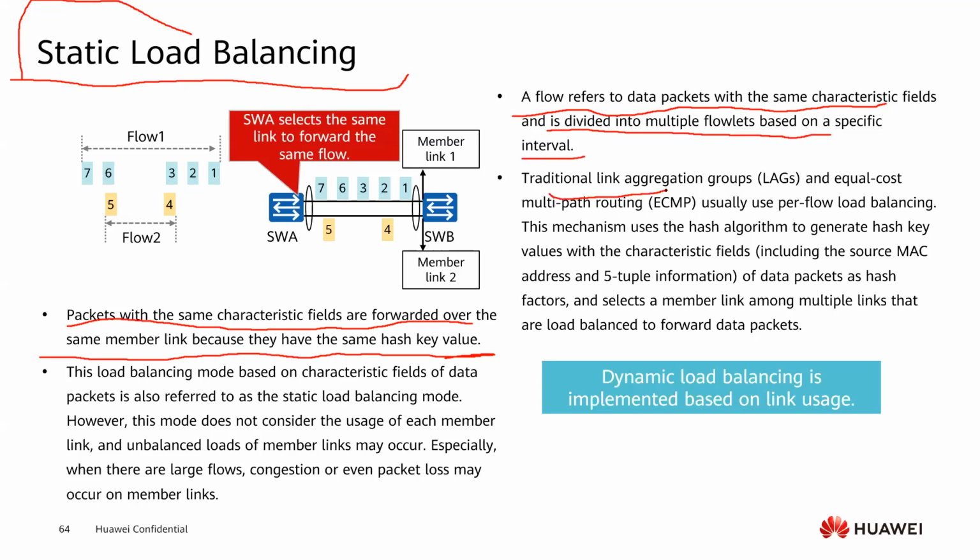Traditional LAG and equal cost ECMP usually use per flow load balancing. This mechanism uses the hash algorithm to generate hash key values with the character fields of data packets as hash factors and select a member link among links that are load balanced to load data packets.